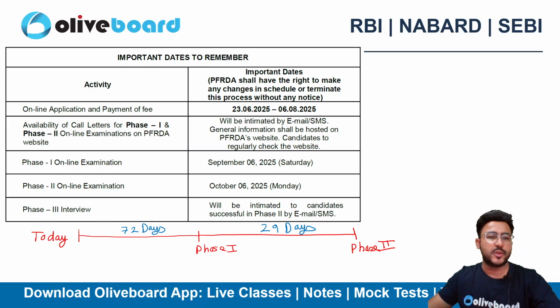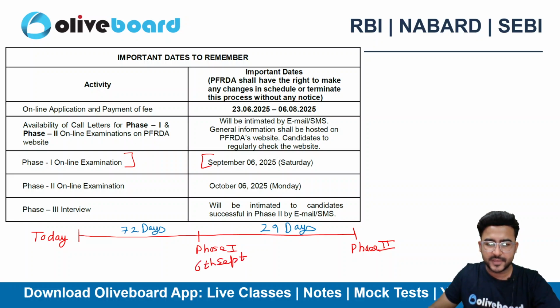First thing to note here is important dates to remember, right? So we do have the examination of phase 1 on 6th of September, right? 6th of September is your phase 1 exam, and on 6th of October is your phase 2 exam.